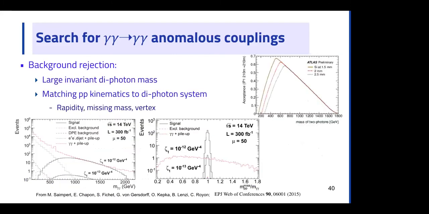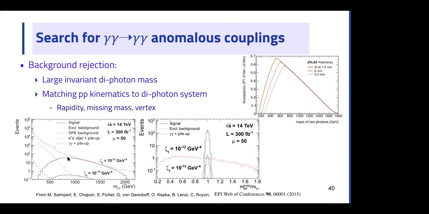So these have been studied in a phenomenological study that I show here, and basically one can use the properties of these events, such as the very large invariant mass of the diphoton system, to reject the backgrounds.